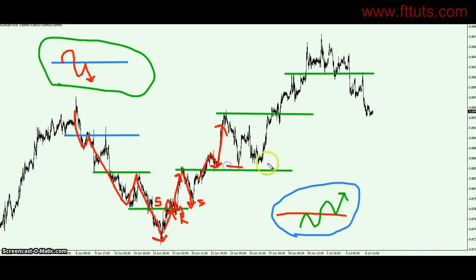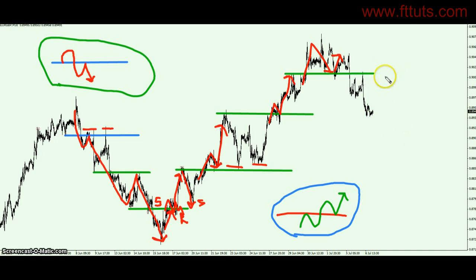Again, we see this level holding a couple of times, just as we saw the resistance there holding a couple of times. Over here it's holding as support, resistance is breached, minor correction here, retest, trend continuation, resistance is breached, and on the retest the level is holding as support.